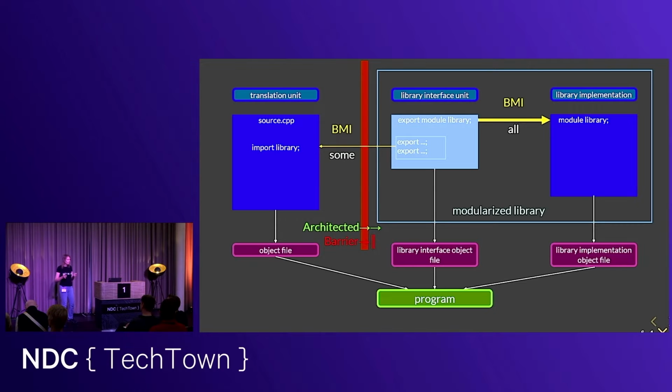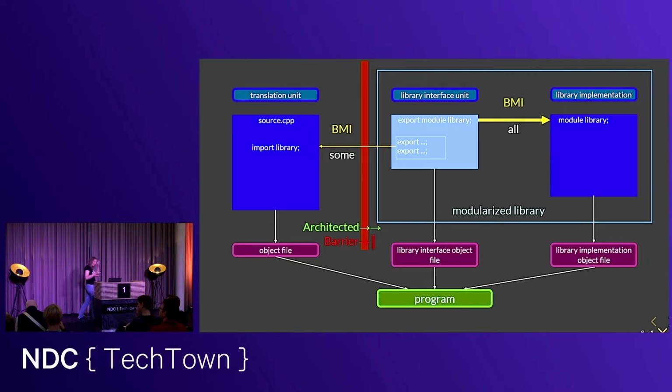And there is a new channel that has been invented, and this is called a Build Module Interface, in short, BMI. Everything that the compiler encounters, you've seen one of these columns there, goes into this BMI file, and the BMI file allows other translation units to know what is actually contained in the interface of a library, for example.